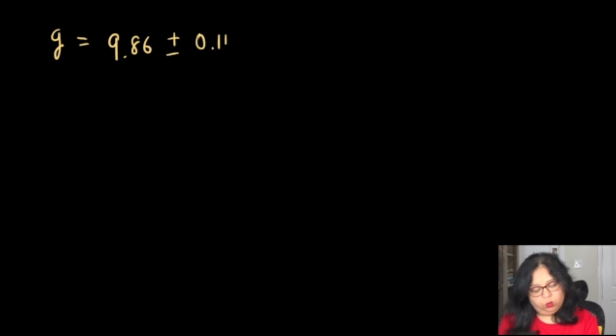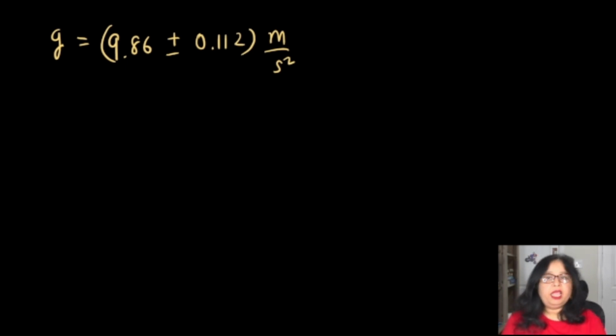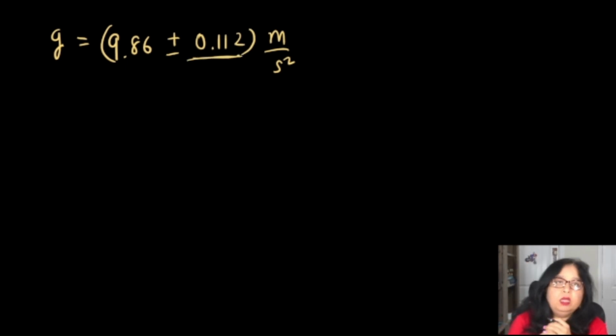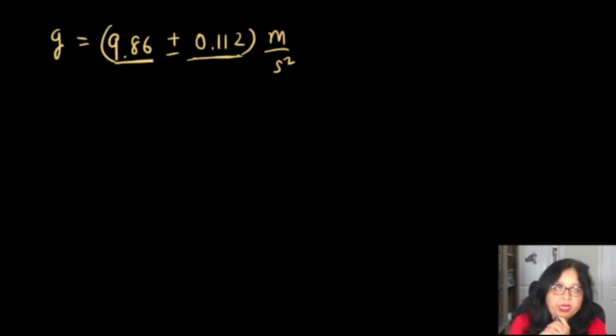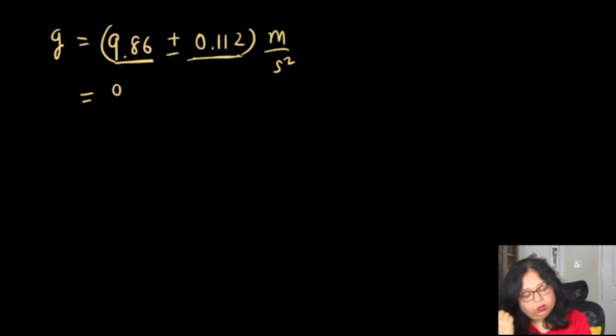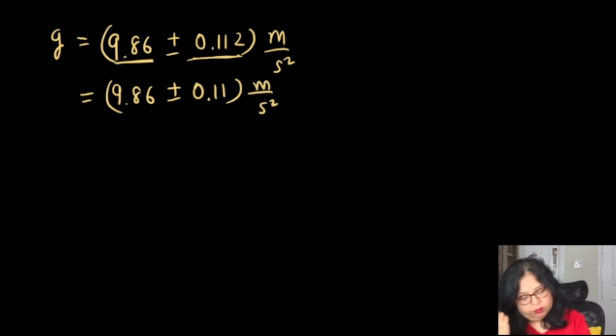As per the rule, the uncertainty or the error, which is 0.112, must have the same number of decimal places as the experimental average, which is 9.86. So this is going to be 9.86 plus minus 0.11 meters per second square.